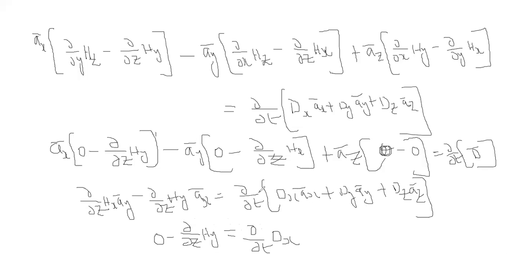So comparing a_x bar and a_x bar. And here, because H is in the y direction, it is not varying with x, Hx is equal to 0 and Hz is also 0.